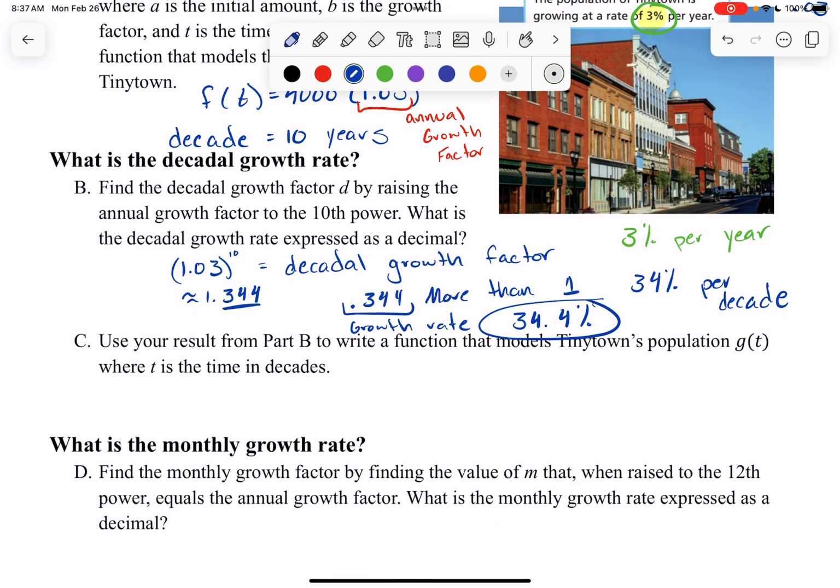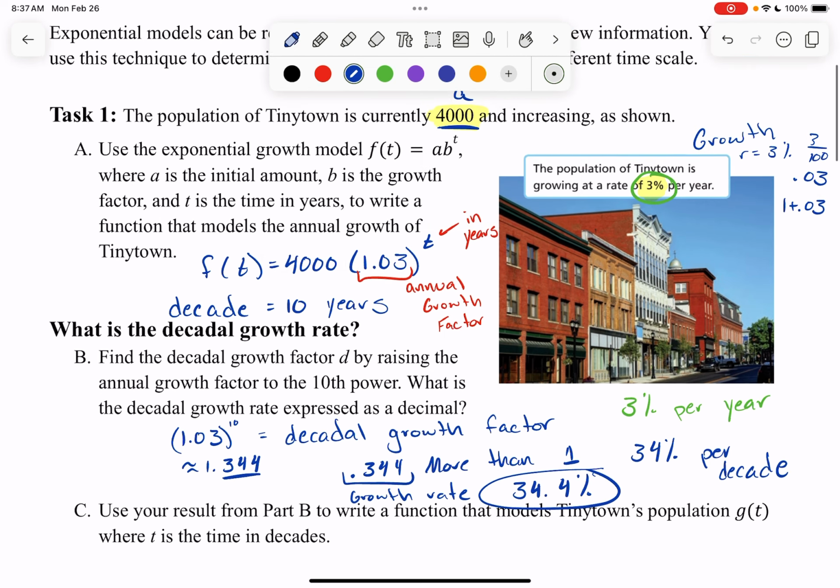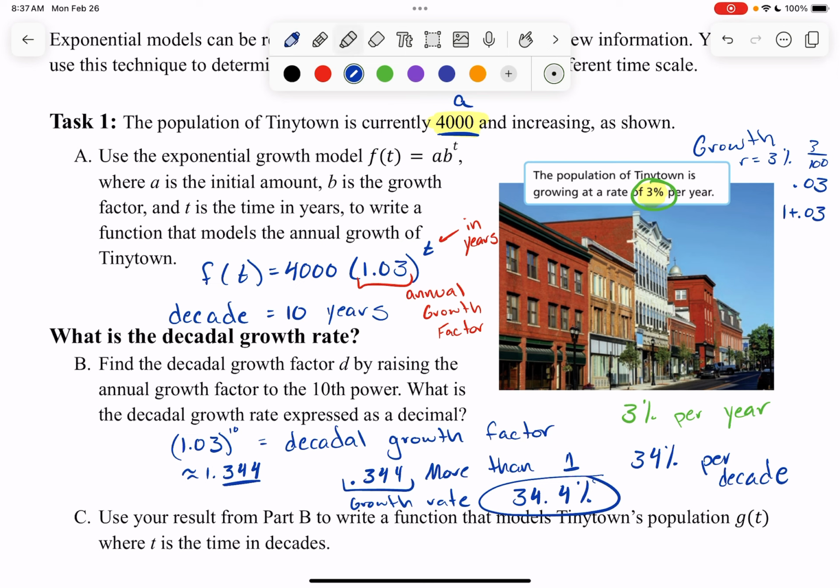So we can write, for this part C, use your result from part B to write a function that models Tiny Town's population, g of t, where t is the time in decades. So if you notice the difference, in this equation that we have up here, t is the time in years.